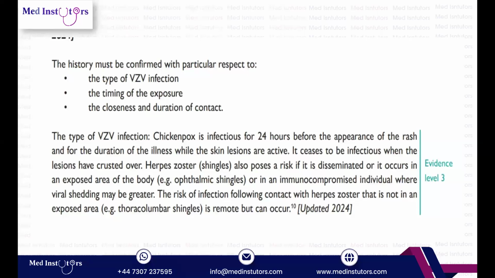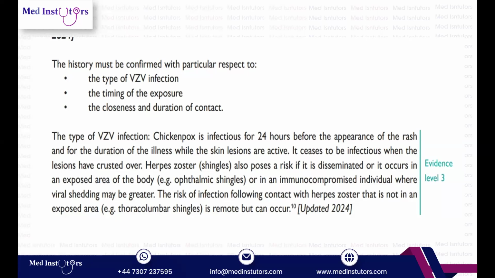But in cases of herpes zoster shingles, it also poses a risk in 3 situations. Number one, if it is disseminated, or it occurred in an exposed area of the body like ophthalmic shingles, right? Or in case the person having shingles is an immunocompromised individual, because immunocompromised people shed more and more of this virus and are more contagious, infectious.